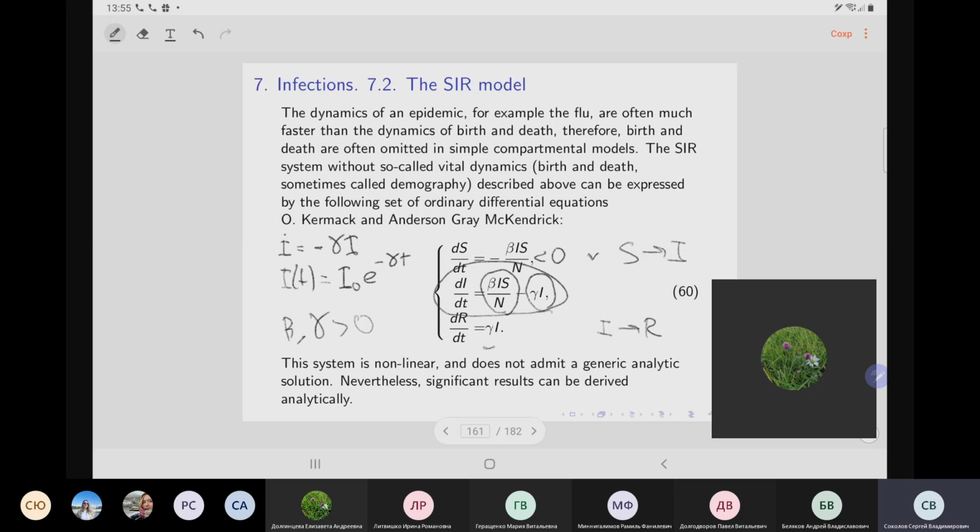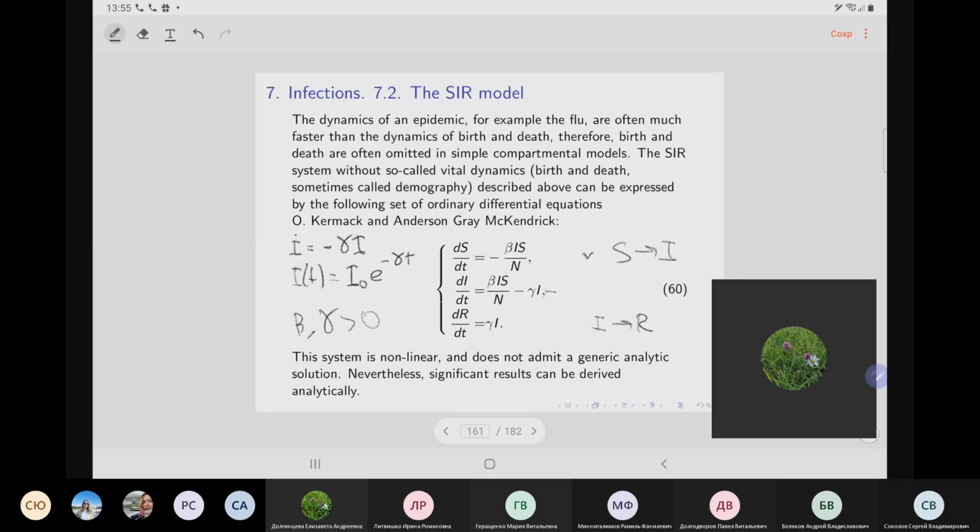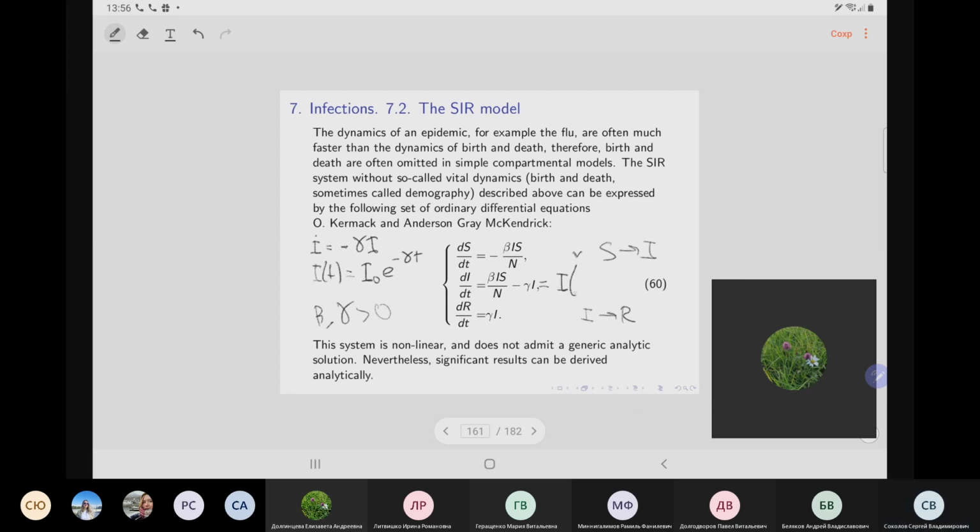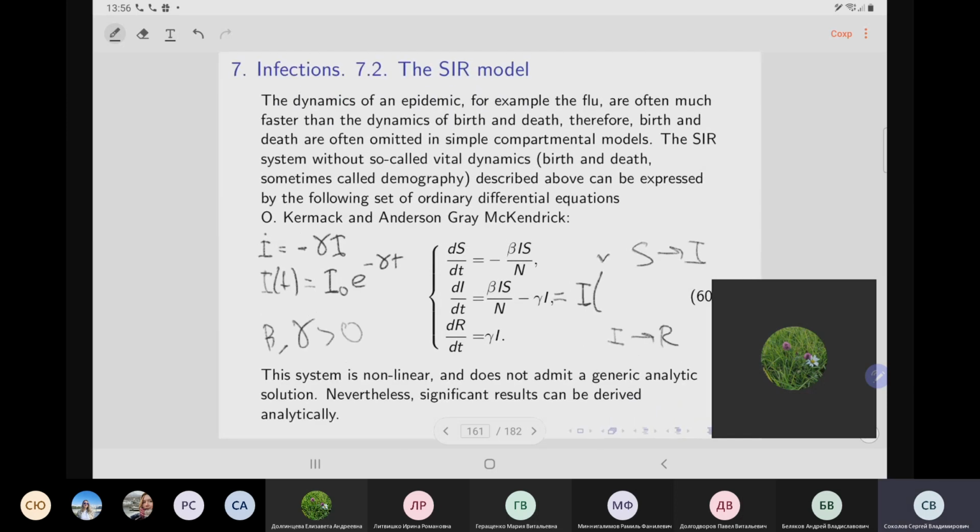So we can analyze the second equation. We can rewrite it in the form I multiplied by beta S divided by N minus gamma. And N is the sum of S, I, and R. We consider it constant.